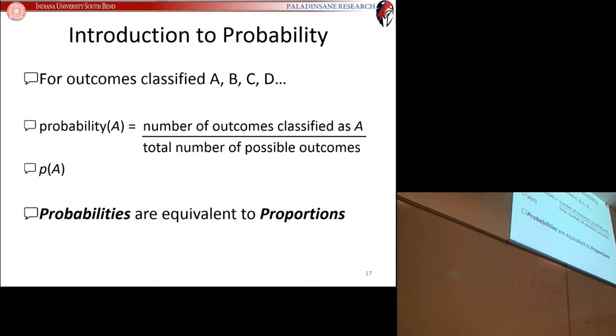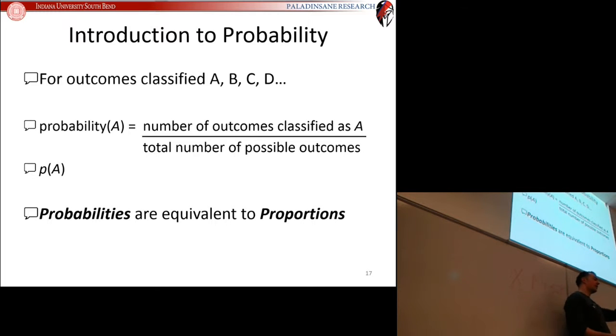And the probability of A occurring is the number of outcomes that are classified as A. It's mentioned in that way in case you have a broad number of different actual outcomes that can be classified in a single outcome. For example, passing a course, your outcome could be A plus, A minus, B plus, B minus, and so on.